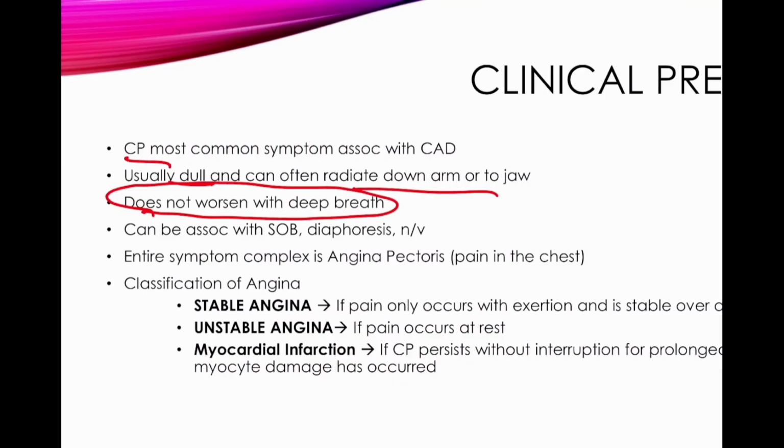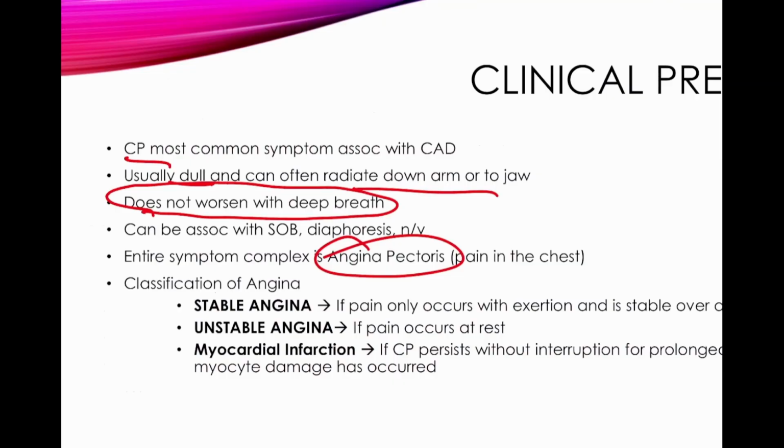Those are all autonomic dysfunction issues. So because of that, they may not present with shortness of breath or nausea and vomiting because they have this underlying autonomic dysfunction. So the whole pain complex is just called angina pectoris or chest pain.